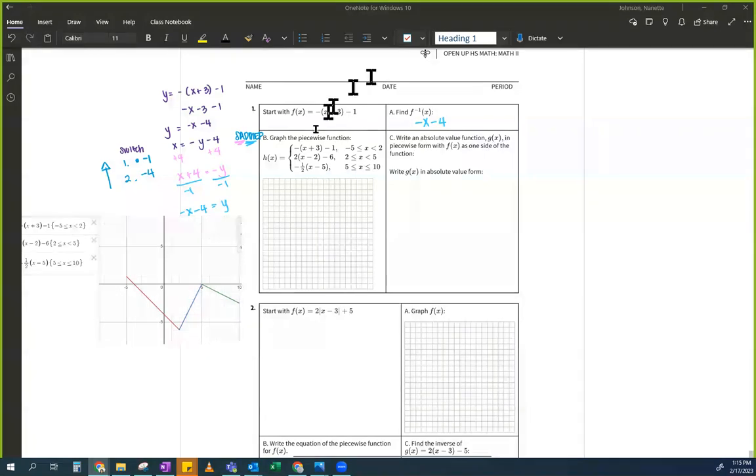So I'm going to just start out my equation. And my equation starts off like this. So it's going to say g of x is equal to negative x plus 3 minus 1.